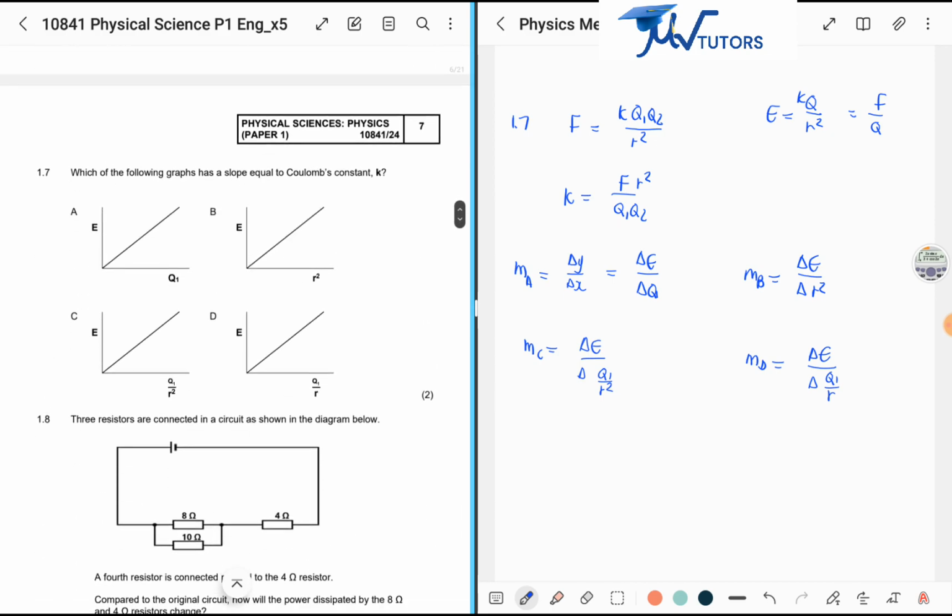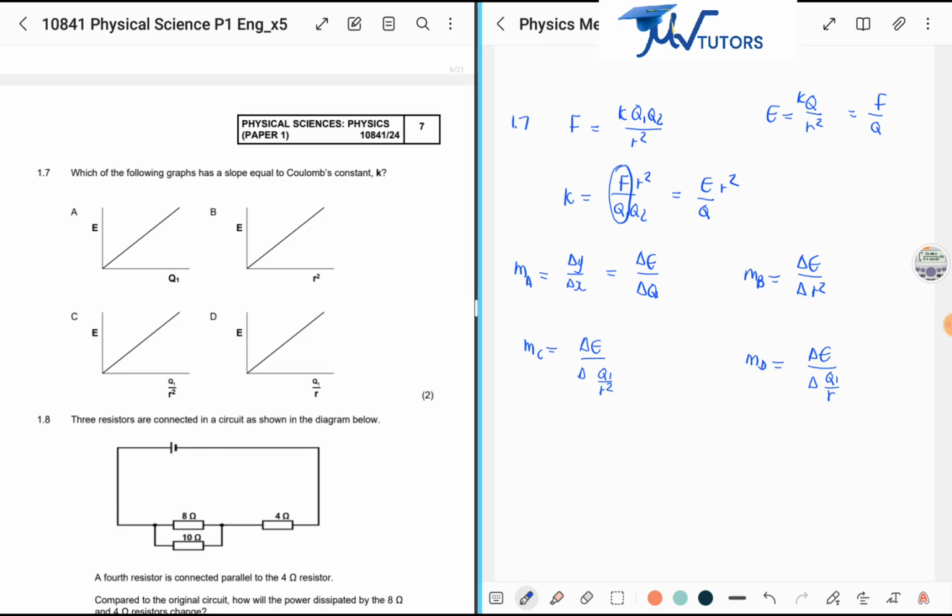Okay, there we are. So if we're going to write this K in terms of E, what can we do? We know that E is F over Q. So this portion over here, I can put it as E, right? So we have E over Q. There's one Q left. And then we have R squared. So which option does it actually go well with?